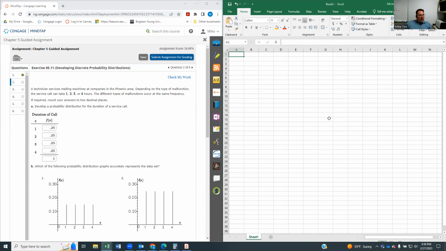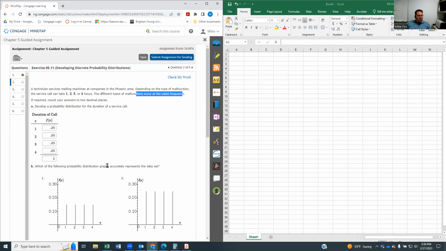So when it says that they occur at the same frequency, that makes our life pretty easy because we know then it'll be the same probability or frequency for any of those.